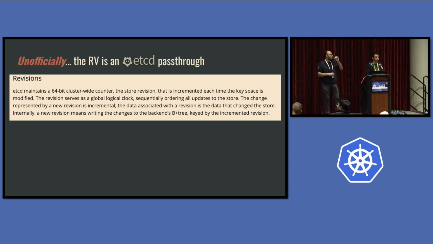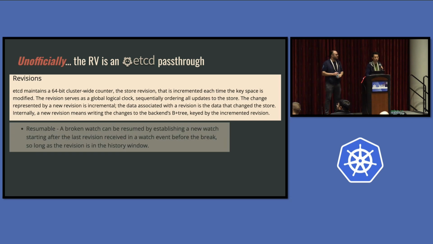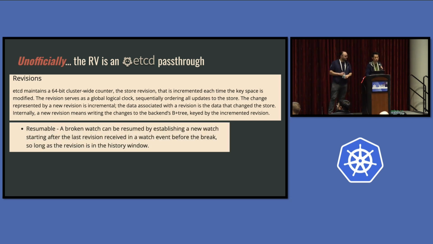Unofficially, the RV is an etcd pass-through, right? The RV is a 64-bit integer. And each of these things from the etcd documentation shows another important attribute about the RV. Interestingly, in etcd, the thing responsible for incrementing the revision is actually the client and not the server.